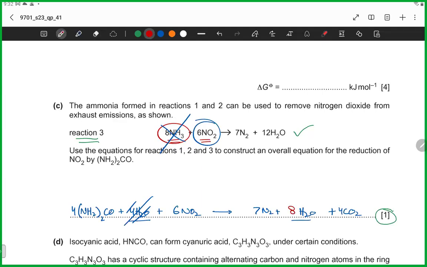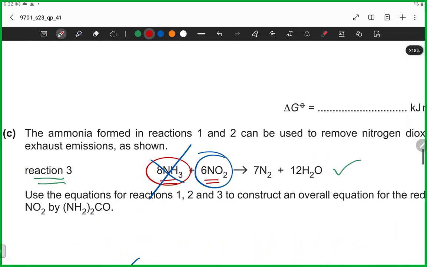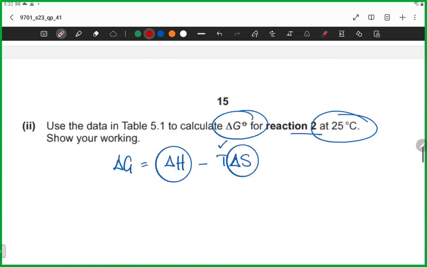Right? If you don't cancel the H2O, will it still be fine? I mean, the equation will still be fine. I'm pretty sure it's going to be accepted. But the whole trick in this question was to get the balancing right. Because in this reaction there were 8 NH3s that were reacting, right?